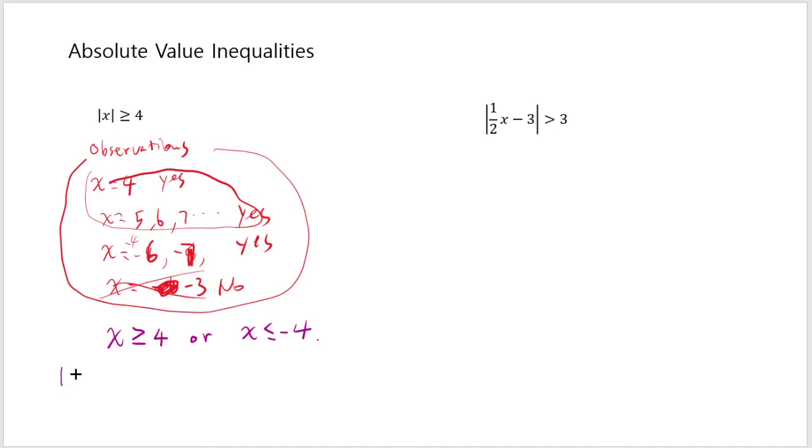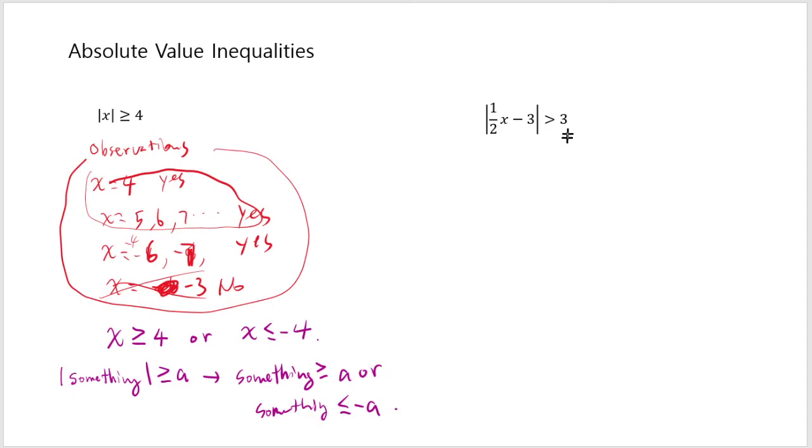If you have the absolute value of something greater than a, that would mean that something is greater than or equal to a, or something is less than or equal to -a. Okay. All right. So let's use that same idea.